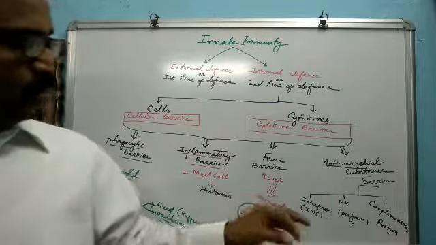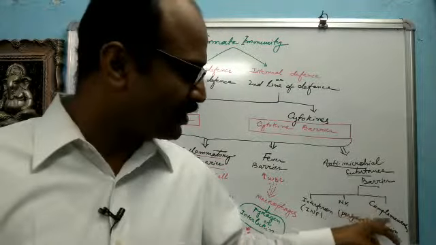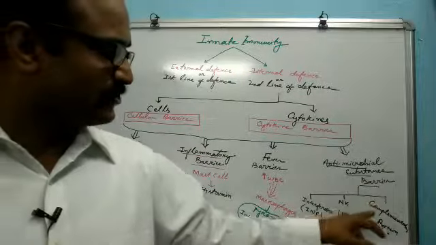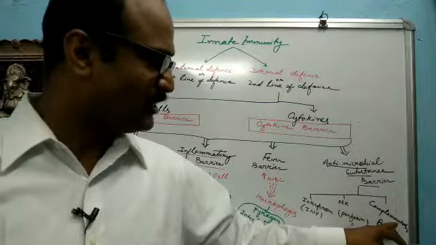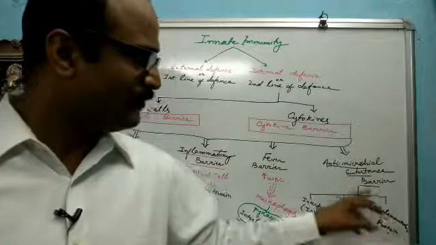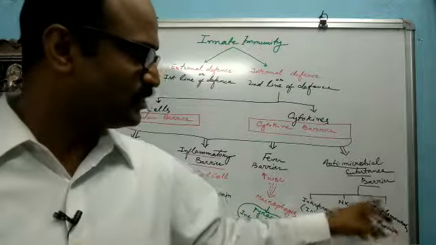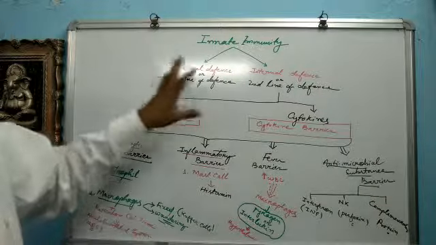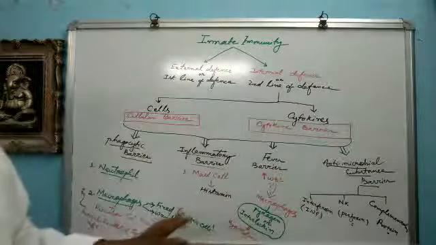That's why this forms another barrier, the complementary reaction. And such complementary reaction is part of the antimicrobial substances which are present in the serum protein. So that's all. This is the second line of defense.